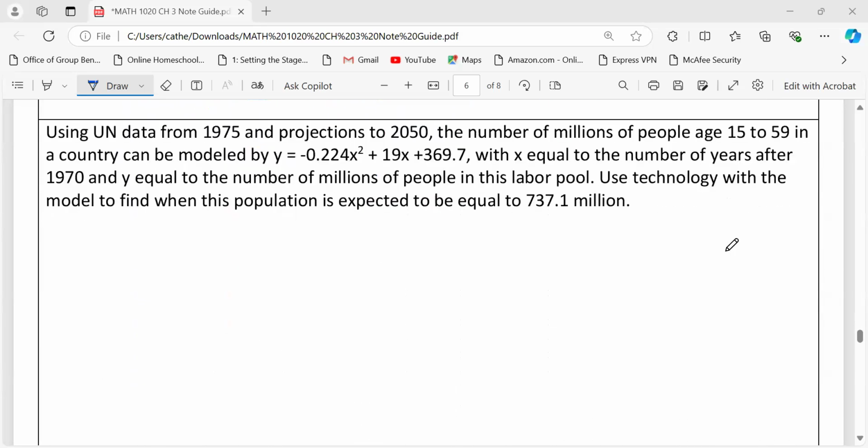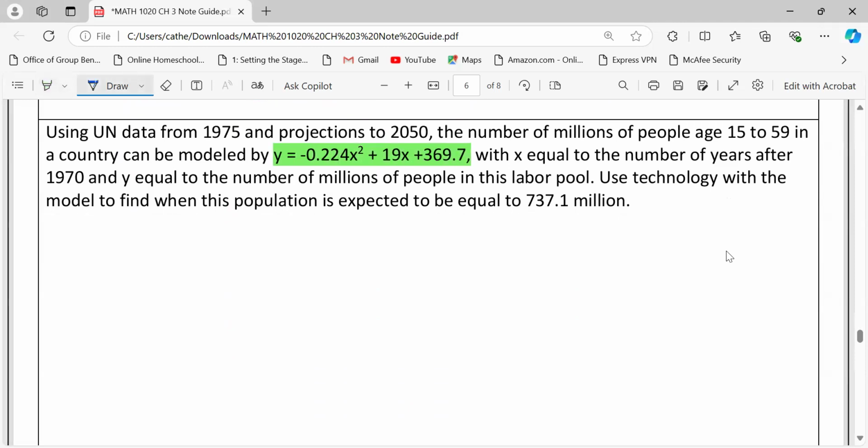Let's look at our last one. The UN data from 1975 and projections to 2050, the number of millions of people aged 15 to 59 in a country can be modeled by this equation right here, where X is equal to the number of years after 1970 and Y equal to the millions of people in this labor pool.